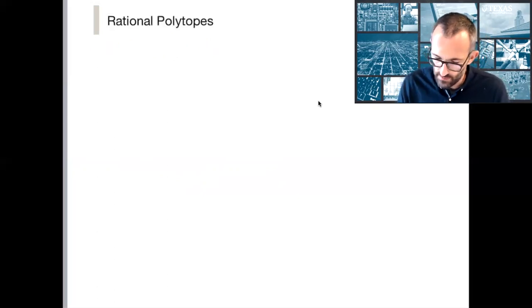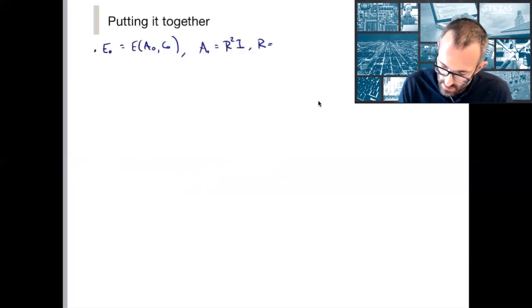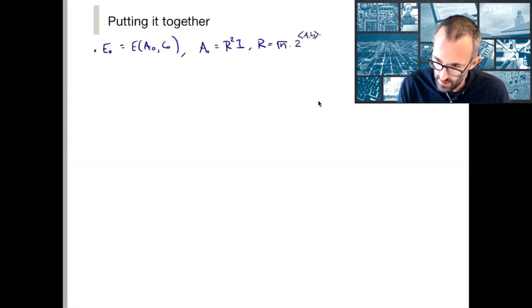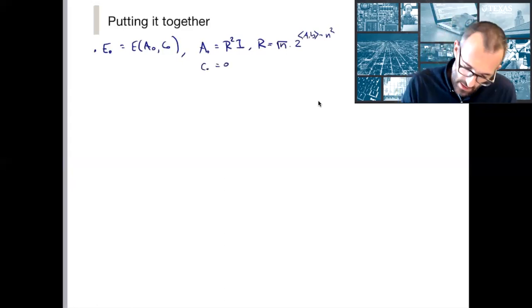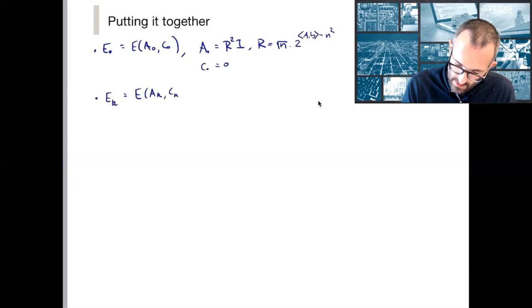So r is equal to square root of n times 2 to the encoding length of A and B minus n squared, and C0 is just the origin. And then on iteration k, E_k is just going to be E of A_k, C_k.